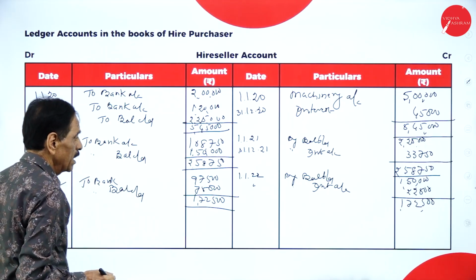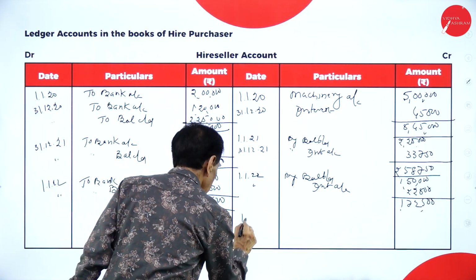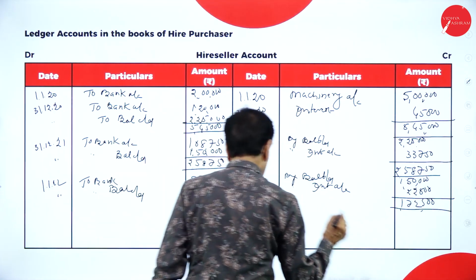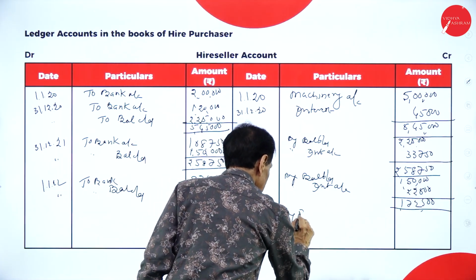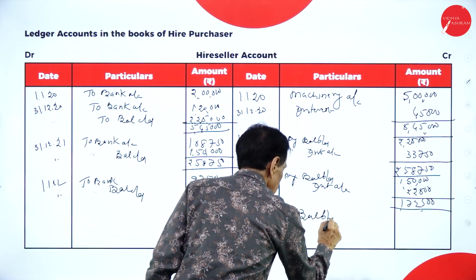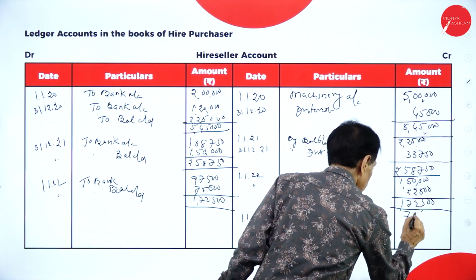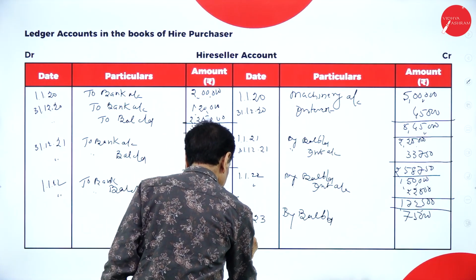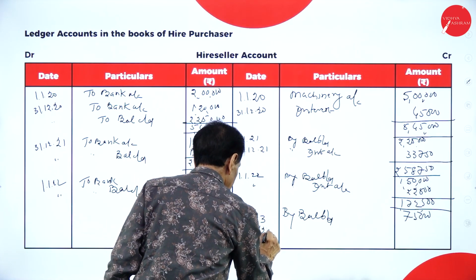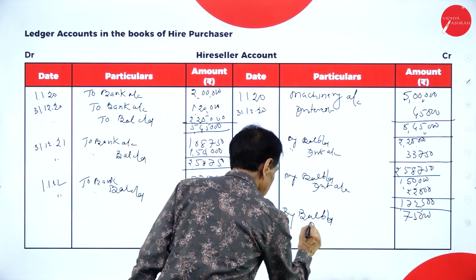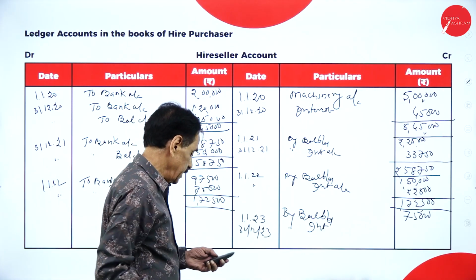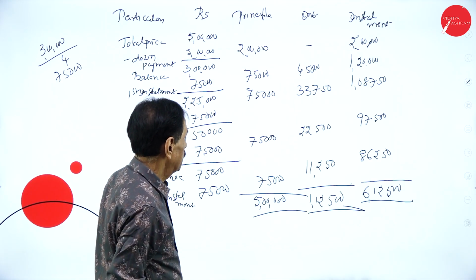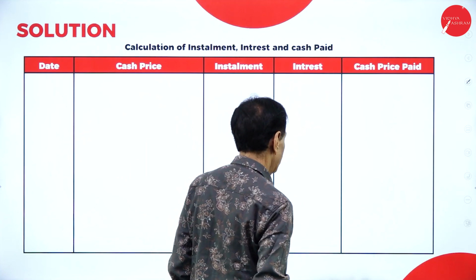3 years over. Last year, 1/1/23, by balance brought down, 75,000. Same, 31st December 23, by interest, fourth year interest, 11,250.